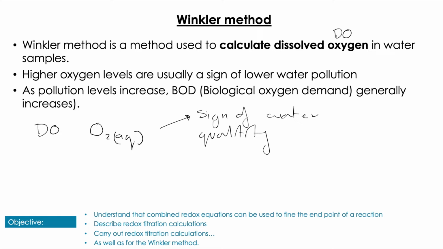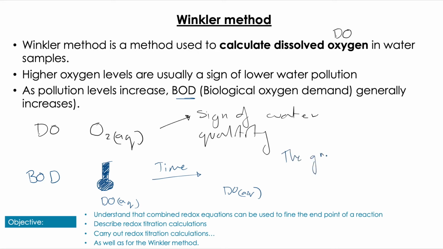But we can also use being able to find dissolved oxygen to find the biological oxygen demand, the BOD. And as pollution increases, this tends to increase because the more oxygen a sample of water requires over a period of time, the more that indicates that there's microorganisms inside the water that are requiring that oxygen for the breakdown of organic matter.